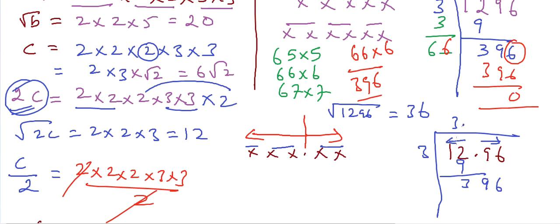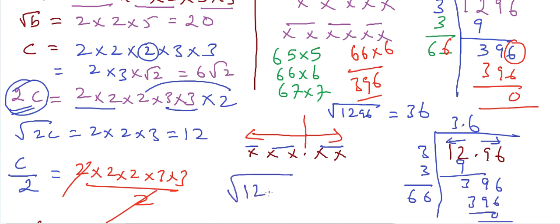The rest is the same. Whatever the last digit in the quotient, that is added, so 6, and 6 times 6 is 396. Therefore the square root of 12.96 is equal to 3.6.